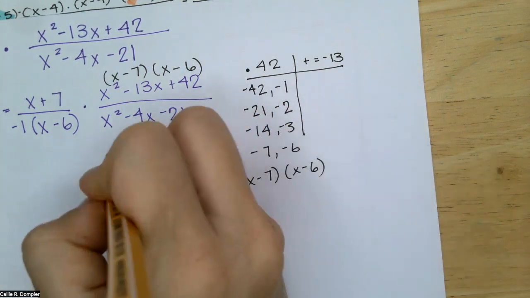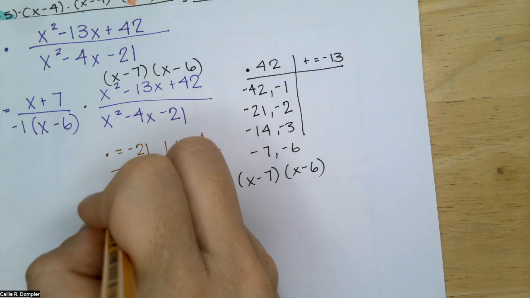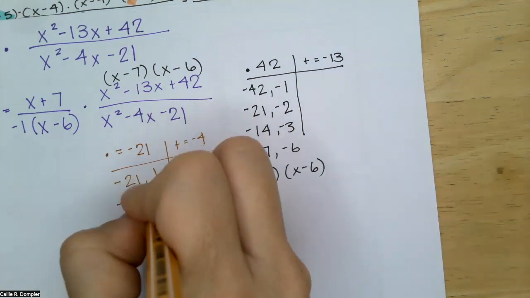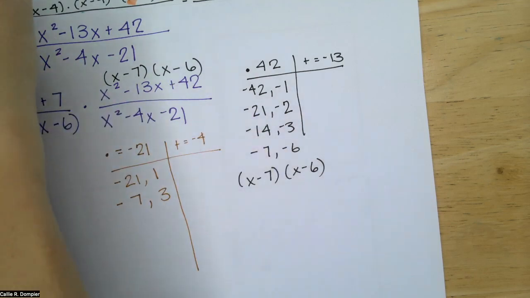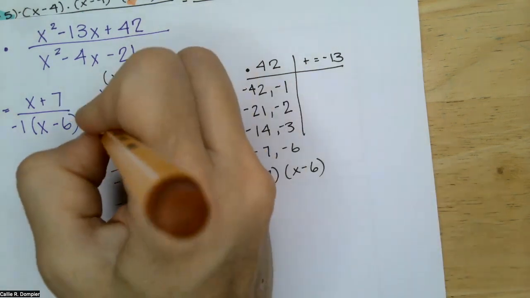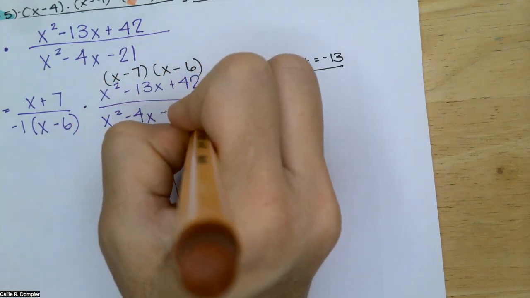So we'll have negative 21 and 1, negative 7 and 3. Well, that adds to negative 4, so perfect. X minus 7, x plus 3.